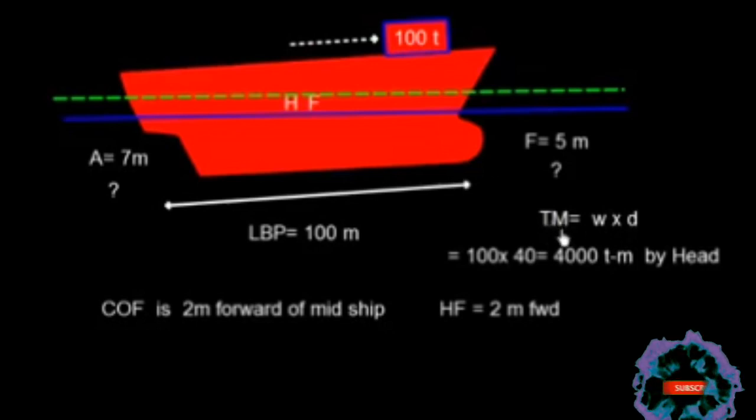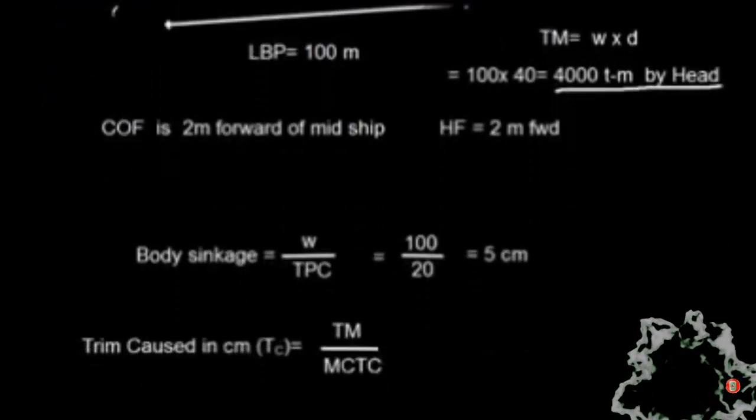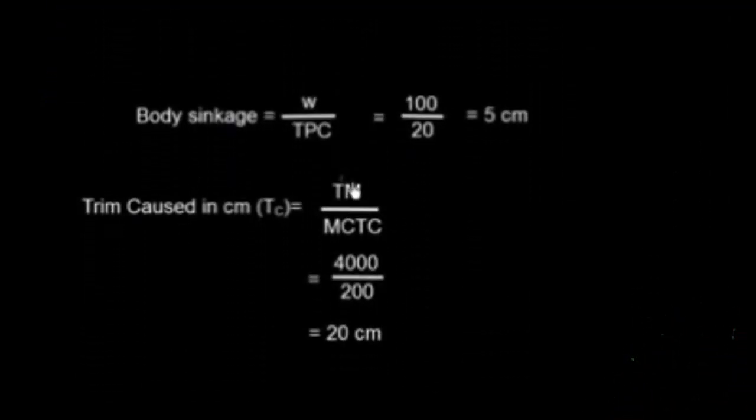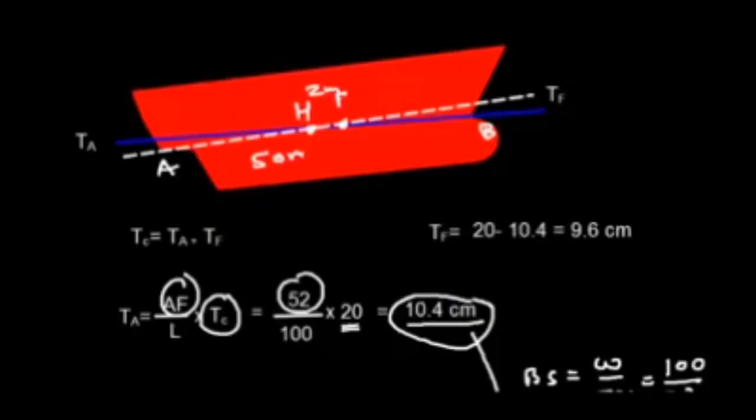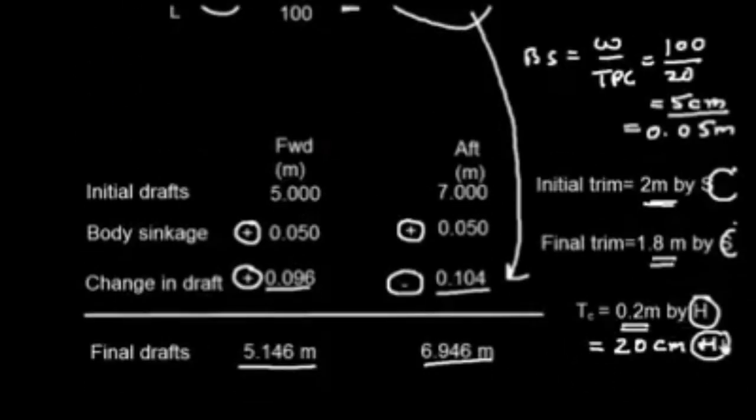The trimming moment was 4000 ton meter by head, and trim cost was trimming moment divided by MCTC, which was 20 centimeter, and the direction has to be by head because the trimming moment is also by head. So that serves as a cross check as well for this problem.